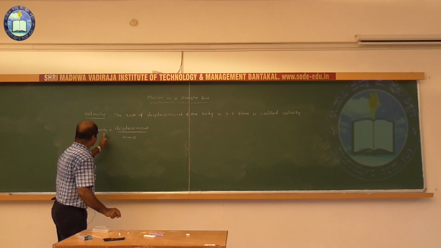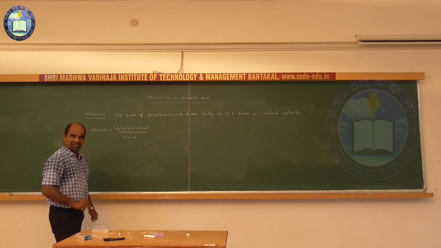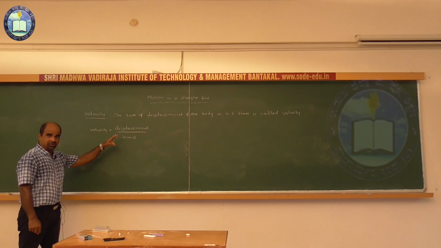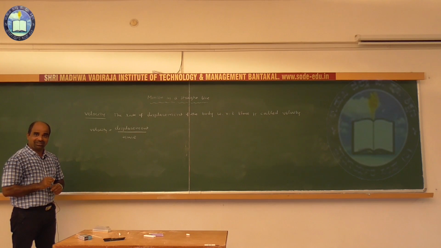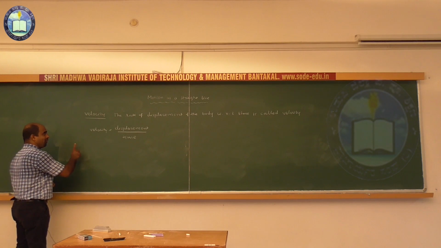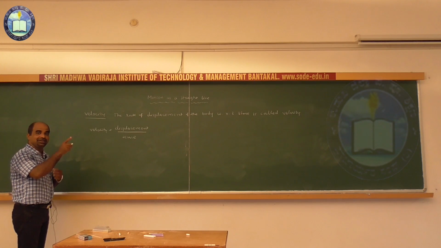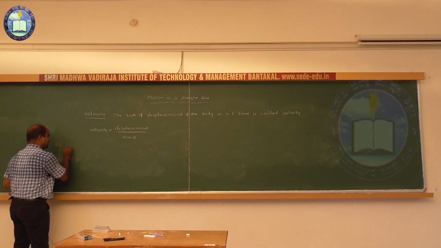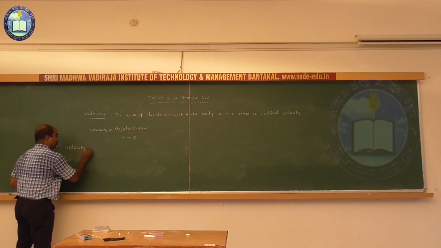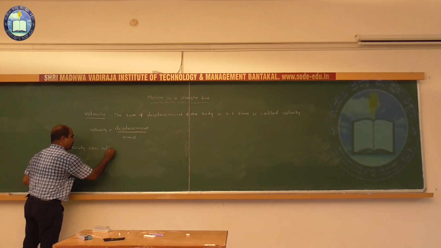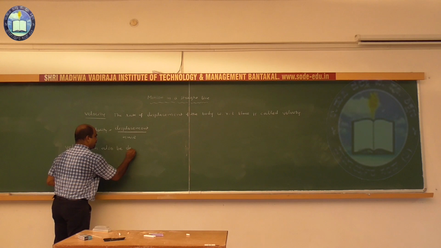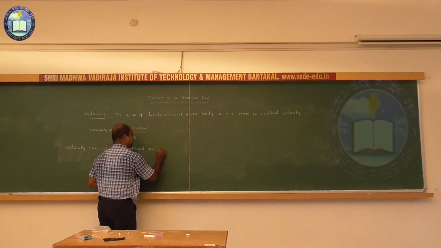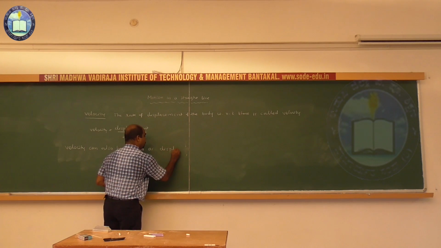Okay. See, velocity equals displacement when time is equal to 1 second. Velocity equals displacement when time is equal to unit time. Got it? Therefore, velocity can also be defined as the displacement of the particle per unit time.